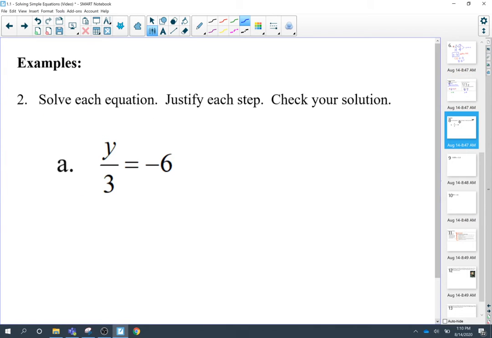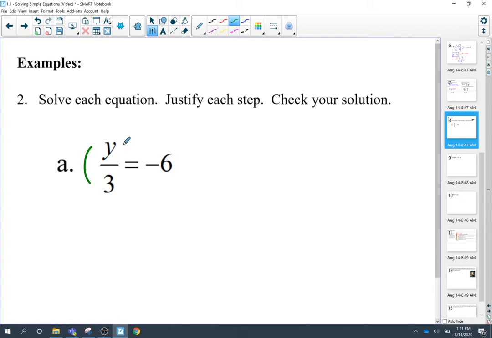Now let's use those to do a couple examples. Number 2, solve each equation, justify each step, and check your solution. Okay, so y divided by 3 equals negative 6. If I want to get the y by itself, this is division by 3. The opposite of division is multiplication.